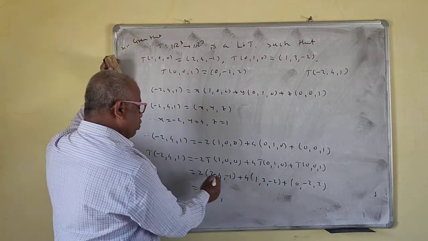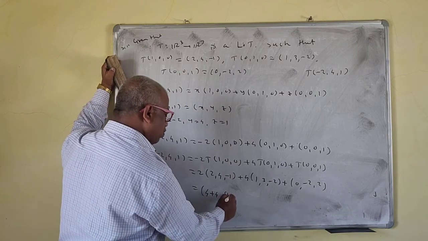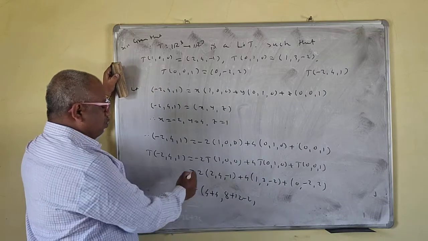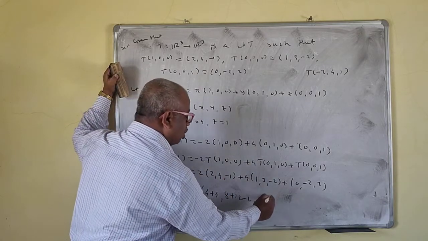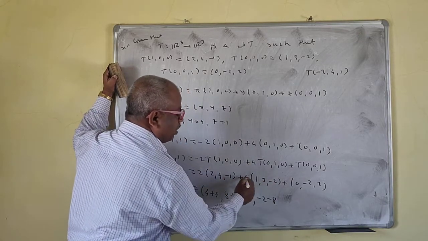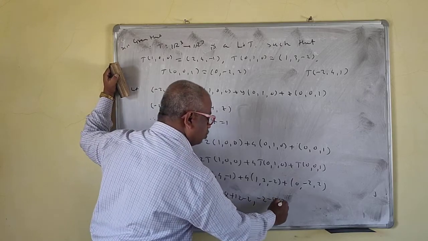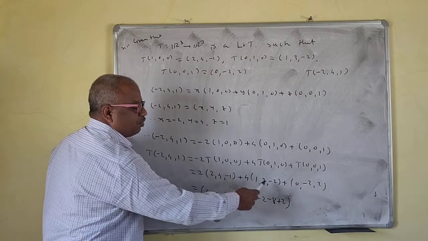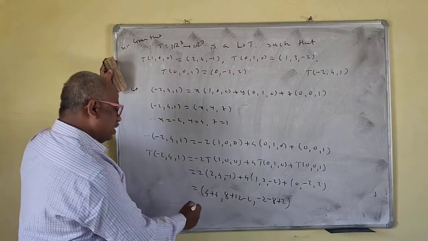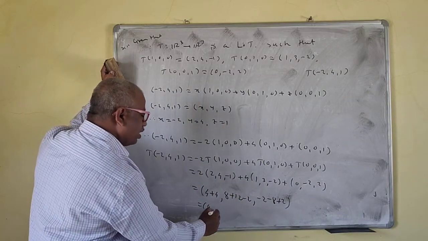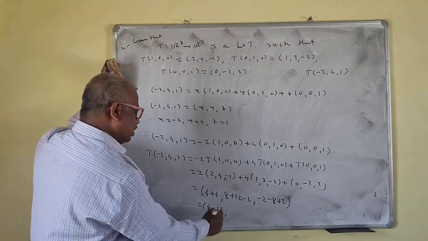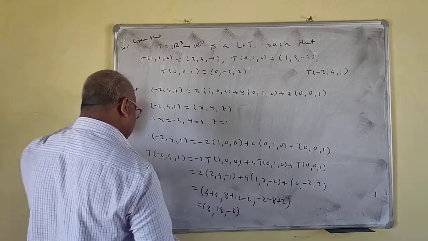Second component is 8 plus 12 minus 2. Third component is you have to multiply by -2, then multiply by 4, and then do the addition.